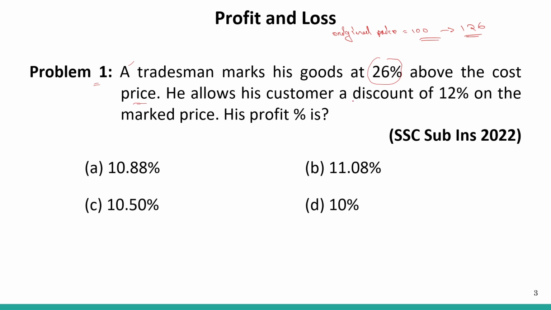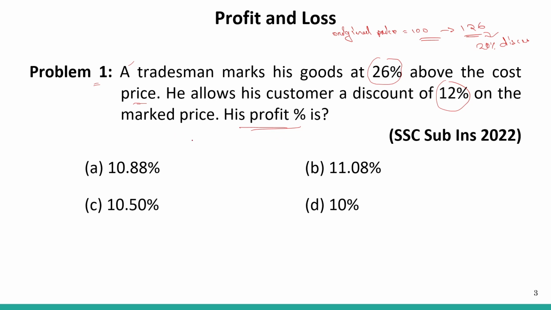So if a product's original cost price is equal to 100, then he marks it at 126 rupees. He allows his customers a discount of 12% on the marked up price. It asks us what his profit percentage is.